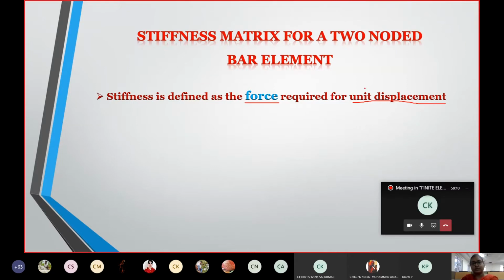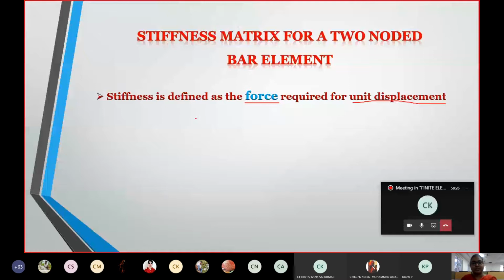So when we get the value of force, whatever the applied force is, we can find out what is the respective displacement caused due to the applied force. All right. The stiffness is defined as the force required for unit displacement.